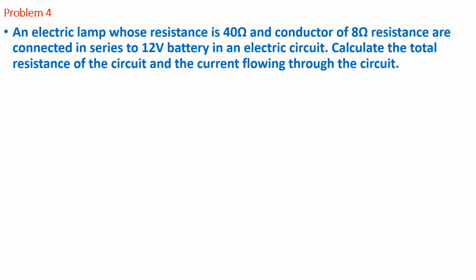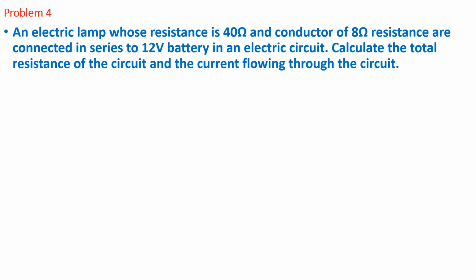The next question is, an electric lamp whose resistance is 40 ohms and a conductor of 8 ohm resistance are connected in series to a 12 volt battery in an electric circuit. Calculate the total resistance of the circuit and the current flowing through the circuit.